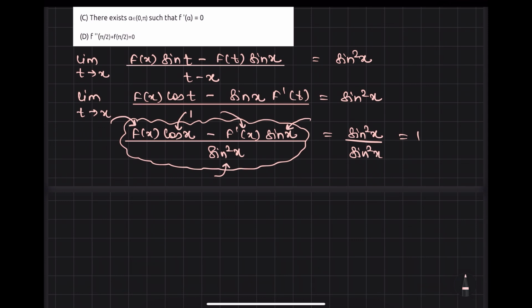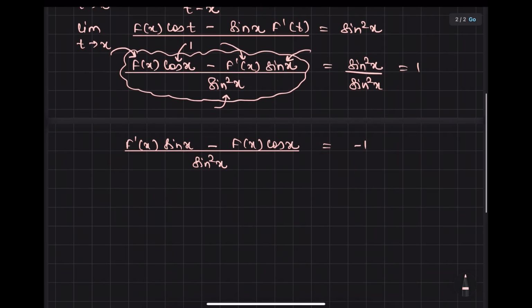Can I take minus common and send it to that side? So we will have f dash x sin x minus f of x cos x, and then the denominator square, sin square x, is equal to minus 1. Okay, now can I write the whole function as the differentiation of f of x by sin x is equal to minus 1?